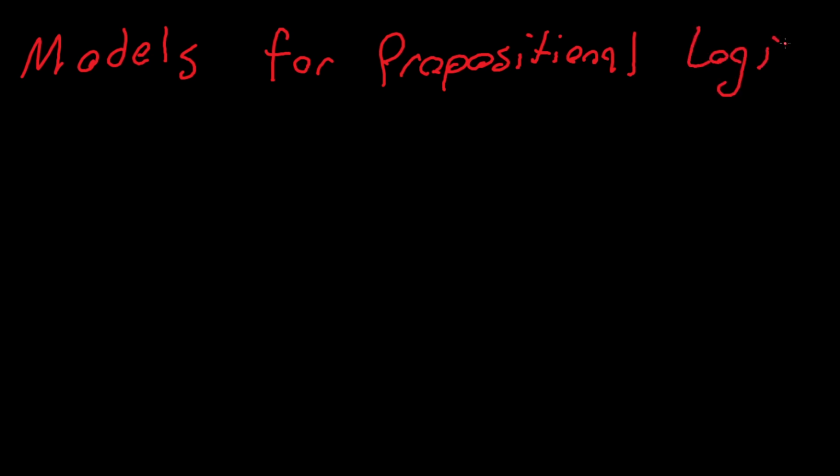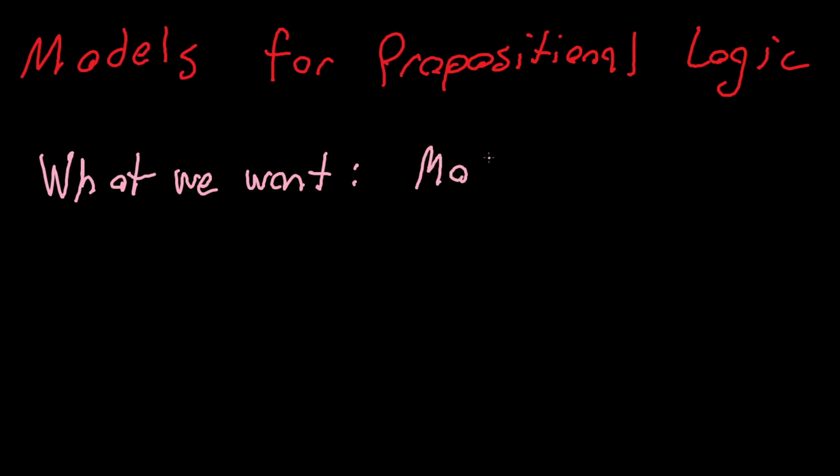Okay, so before we get into the definition of what a model in propositional logic looks like, let's remember what we wish, right? What we want is that models are possible worlds.